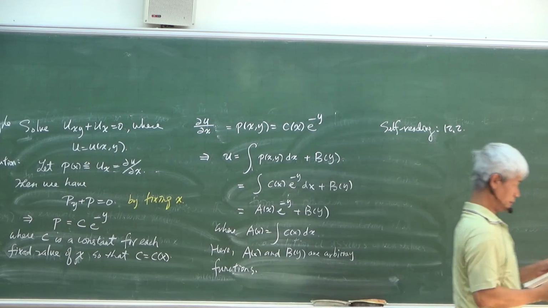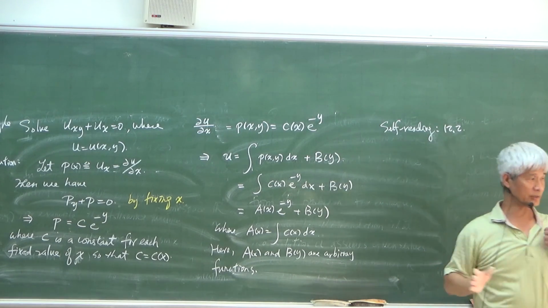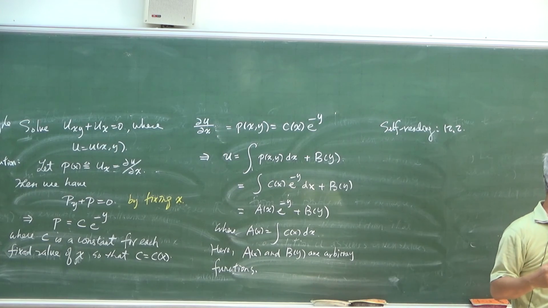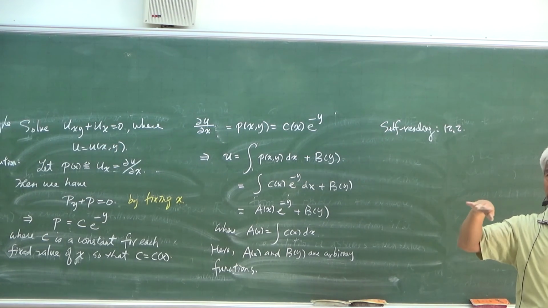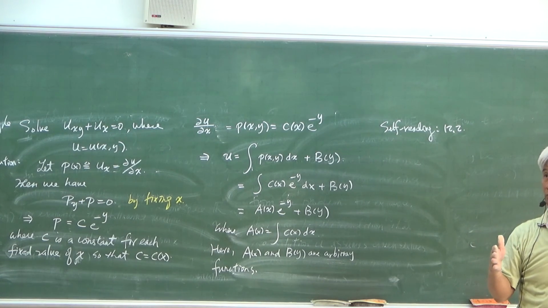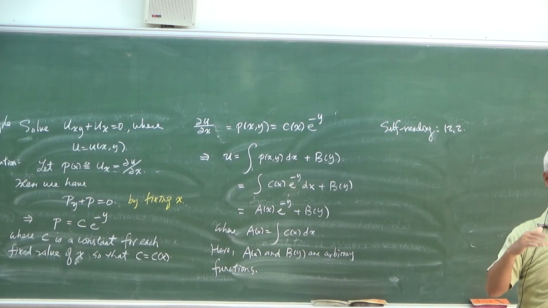Okay, for the second section, please read the second section, because that section describes a method to model a vibrating string. It actually derives the one-dimensional wave equation from scratch.